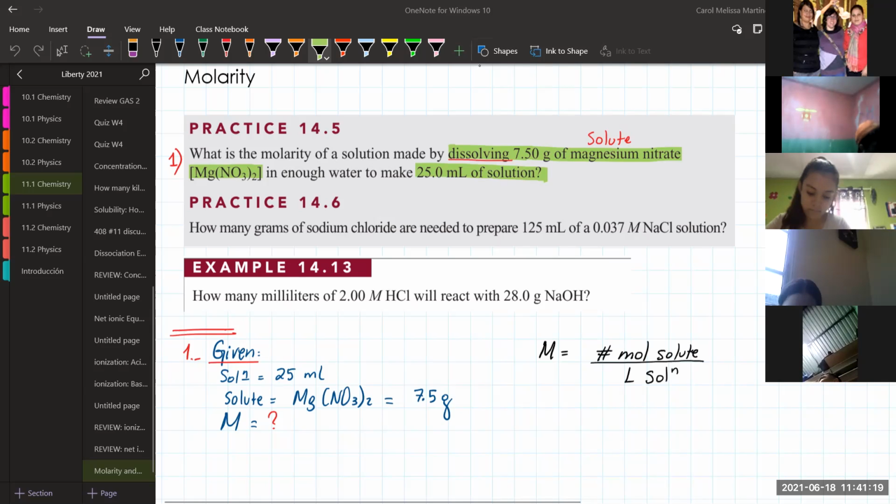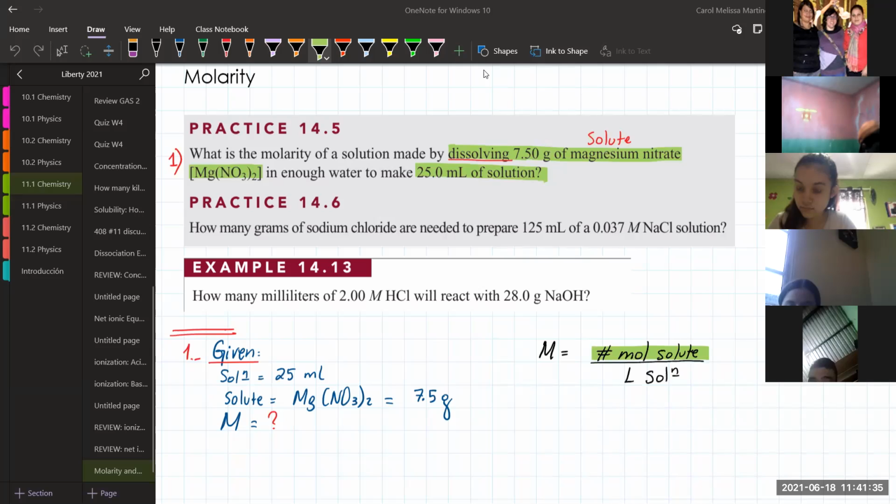That is the main equation for molarity. So, we cannot get molarity if we don't have the number of moles. So the first step will be finding the number of moles of the solute.